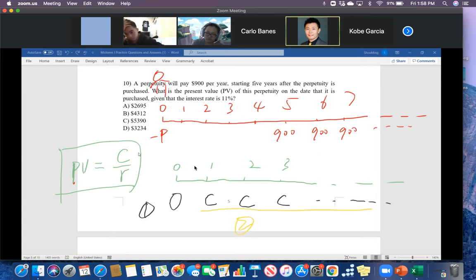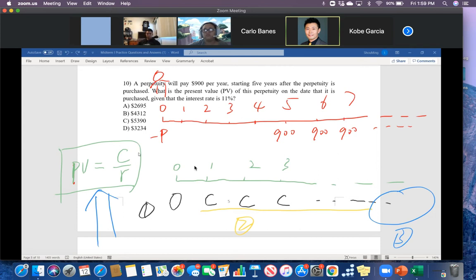And the last characteristic is that this cash flow will last forever. As long as the cash flow has these 3 characteristics, you are able to use this formula to calculate the present value of a perpetuity.